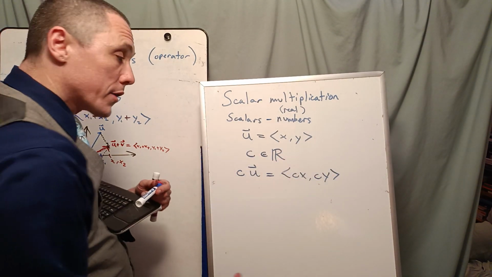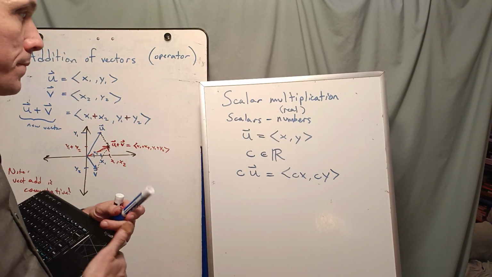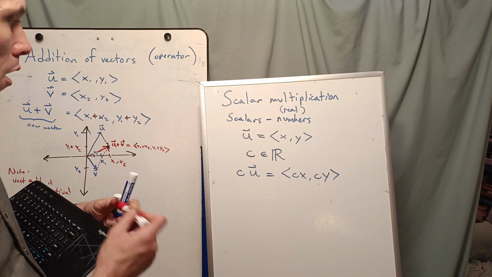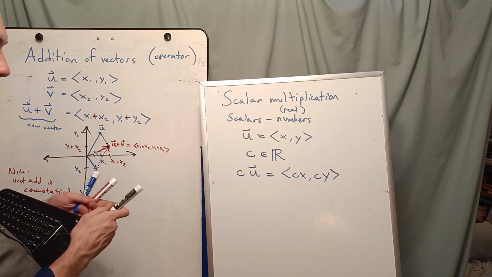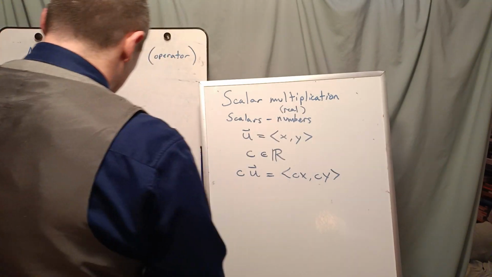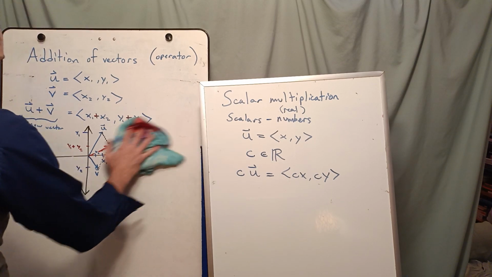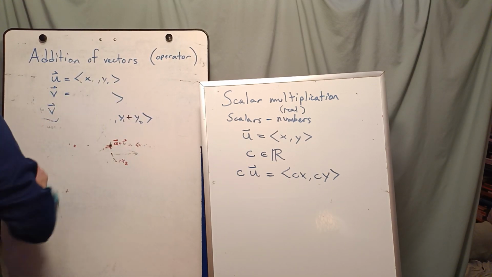Distribute it amongst all of the coordinates and have that be your new symbol. Okay, so what does that look like? Let me actually draw it over here. A little bit more room.